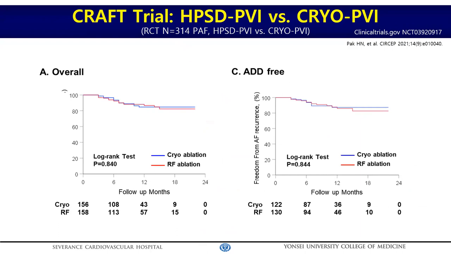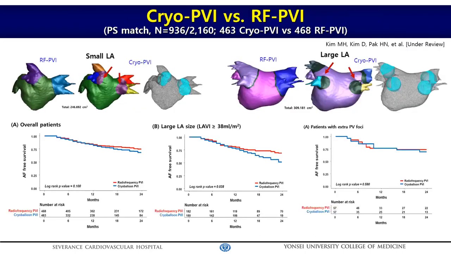There was no difference in rhythm outcome between the two groups, so the cryo PVI showed the advantage of a shorter procedure time than hypershort duration in paroxysmal AFib, where only PVI was performed. However, hypershort duration and cryo are not equally effective in all PVI patients.